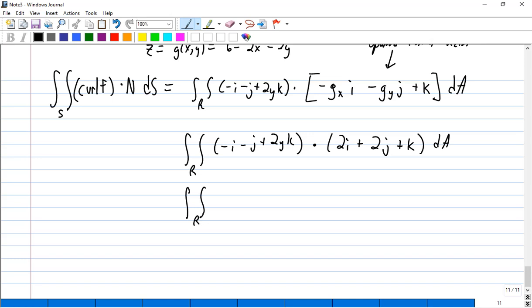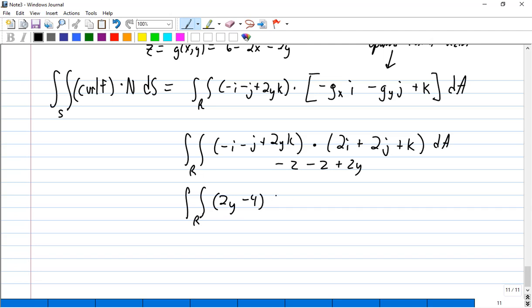What do you get? Negative 2, sorry, my math is off. I'm doing the dot product: negative 2, negative 2, and positive 2y. So that's 2y minus 4.